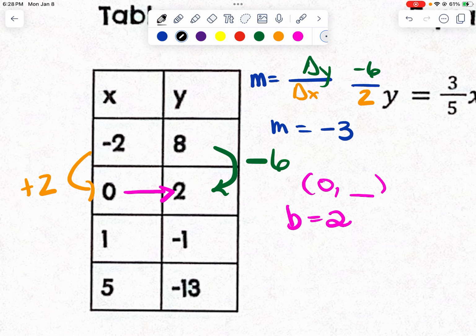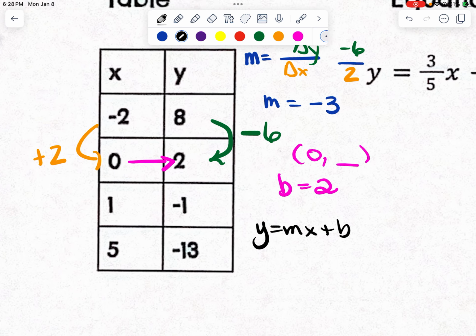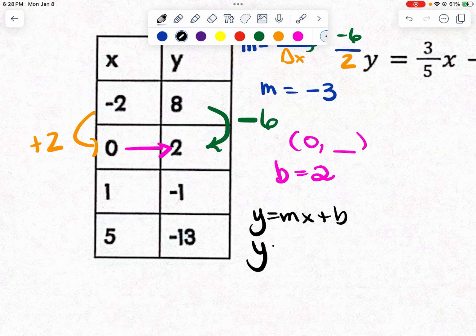So I'm going to write an equation in y equals mx plus b form. And I'm going to replace the m, which is -3, and the b, which is 2.